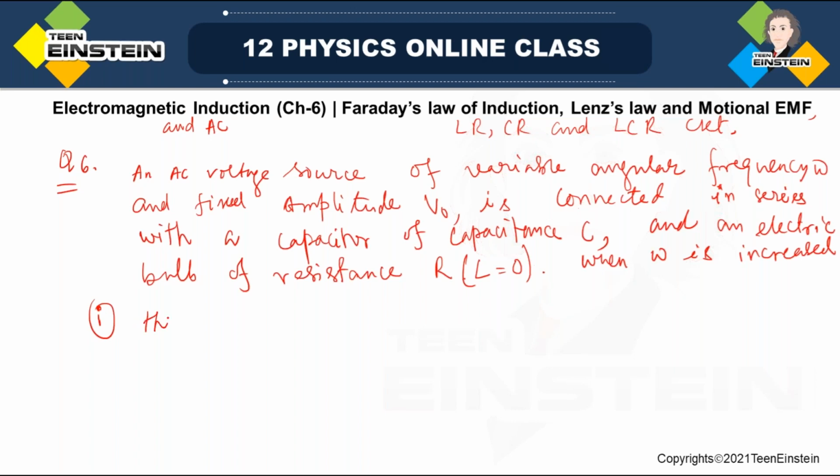Option 1, the bulb glows dimmer. Then second option, the bulb glows brighter.